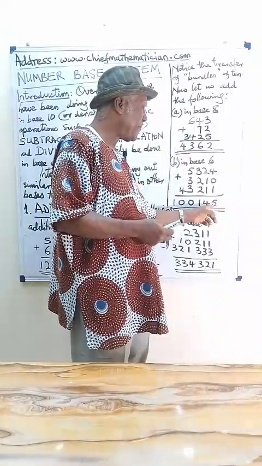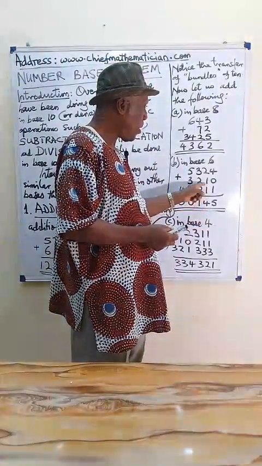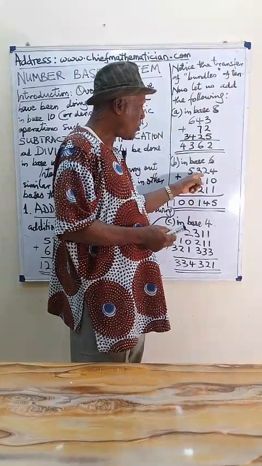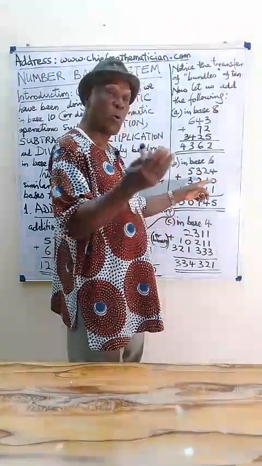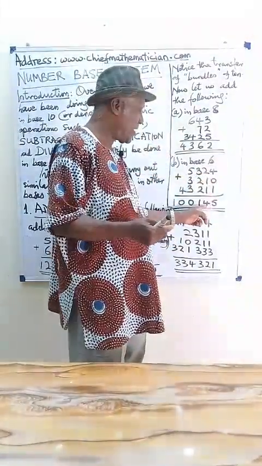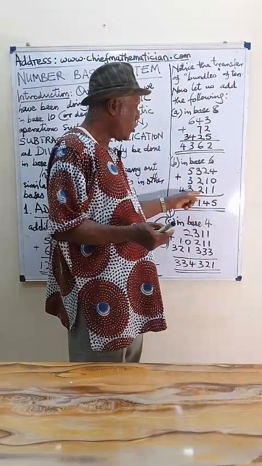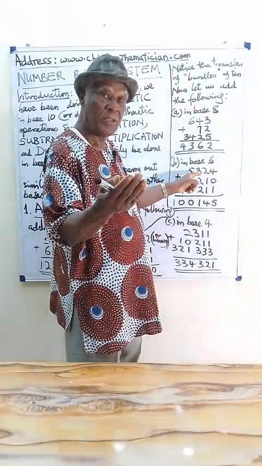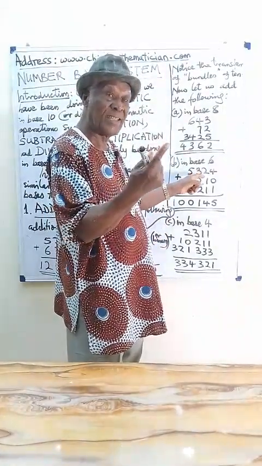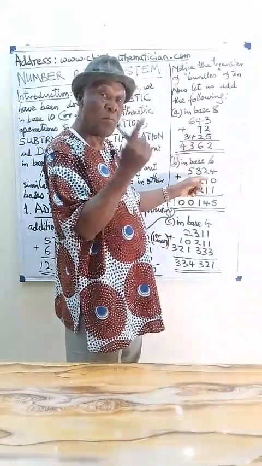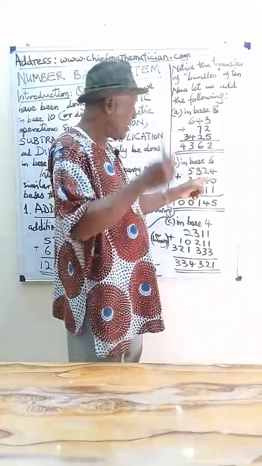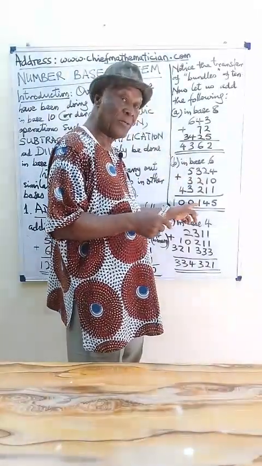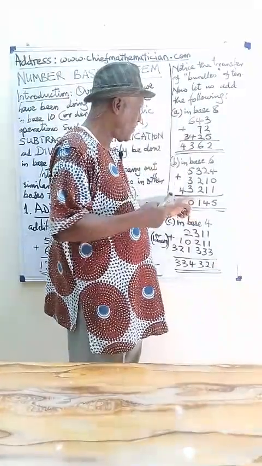So you put down the 5. 1 plus 1, 2, plus 2, 4. Not yet up to one bundle of 6. You put down the 4. 2 plus 2, 4, plus 3, 7. 7 is one bundle of 6, remainder 1. So you put that 1 down and carry one bundle of 6.